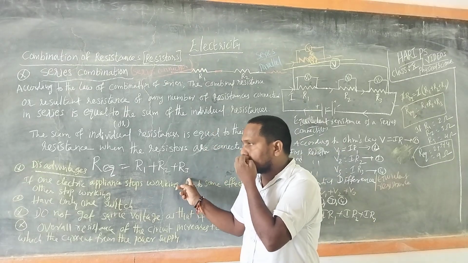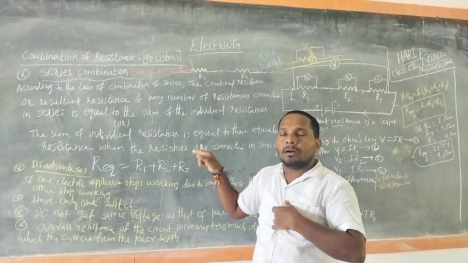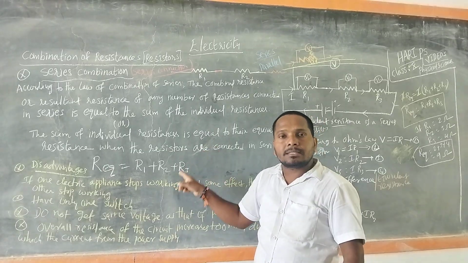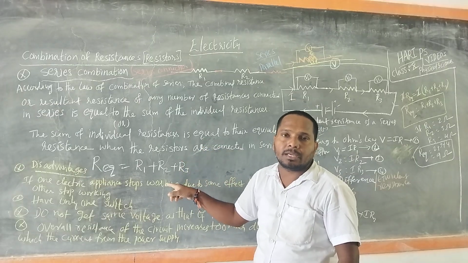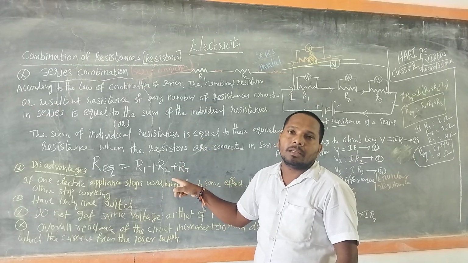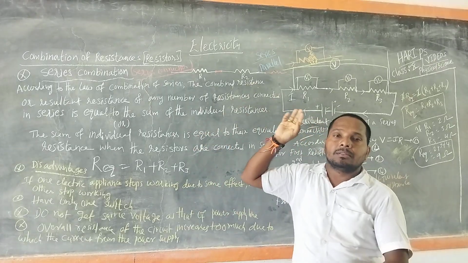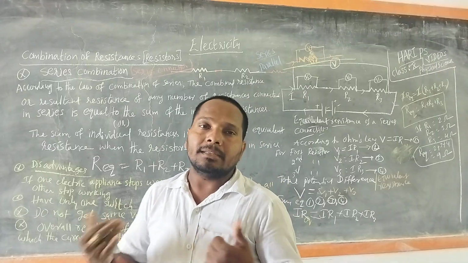In this case, when the resistors are connected in a series combination, the resistance in the circuit increases.